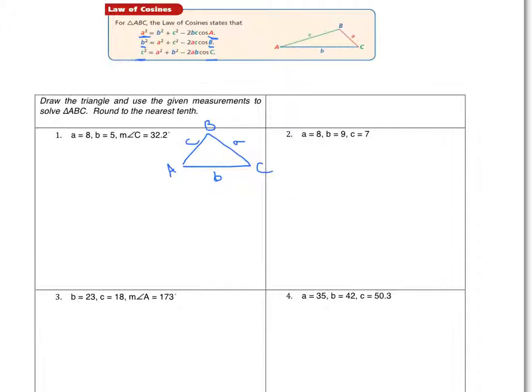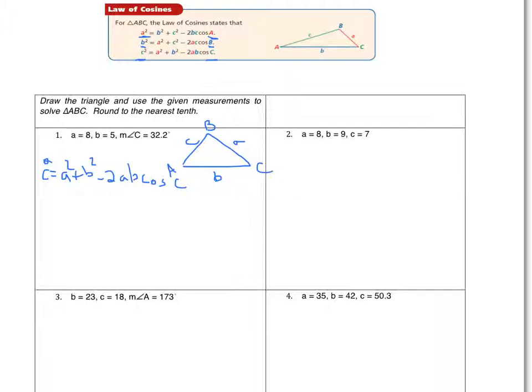So then I can use one of the formulas. If I have the angle measure of C and I'm missing the side c, let's go ahead and use c squared equals a squared plus b squared minus 2ab cosine of C. So in our triangle, we know the angle is 32.2, but we don't know the side c.